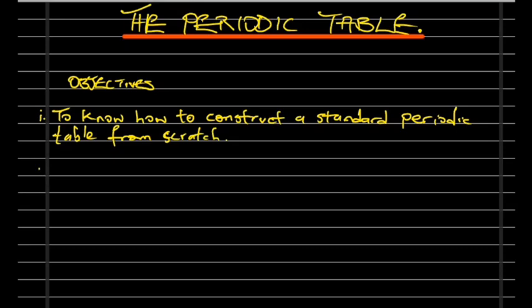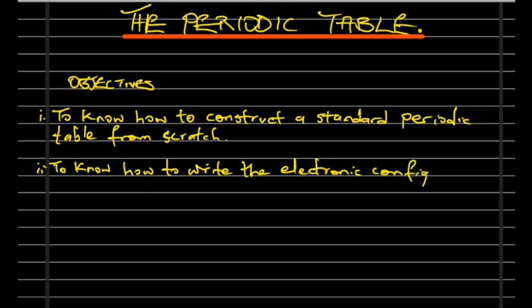Number two, to know how to write the electronic configuration of elements. Electronic configuration of elements, a very crucial step in how to place elements into the periodic table.